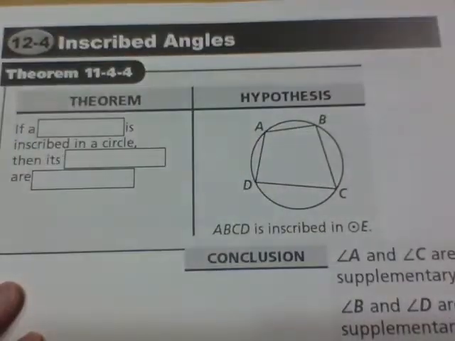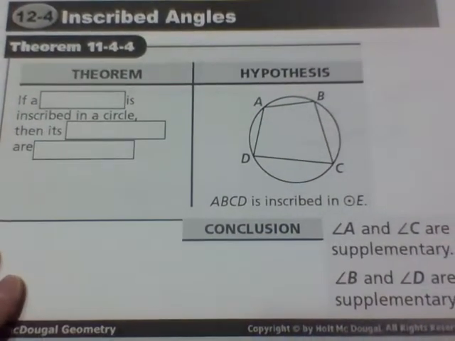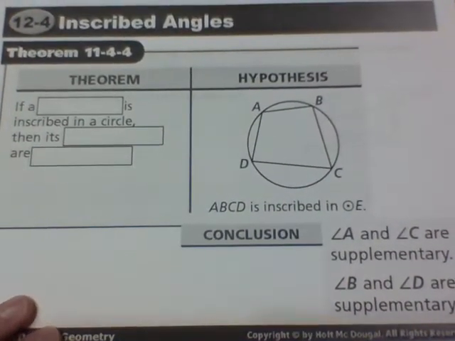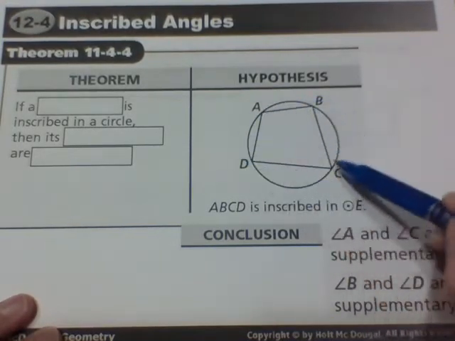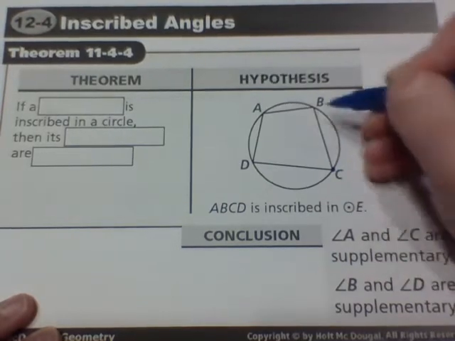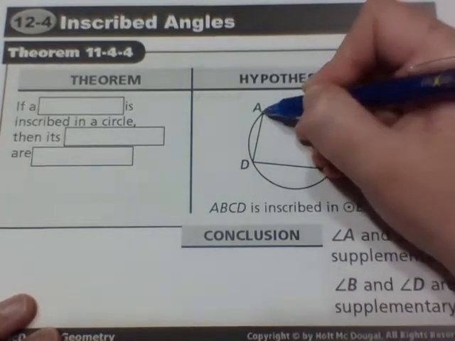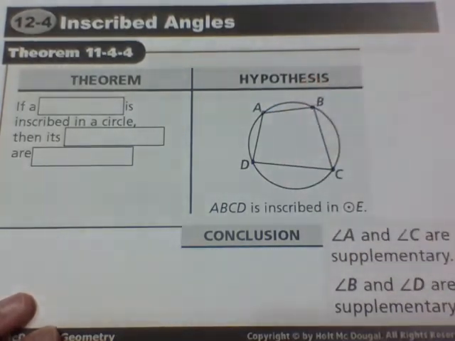All right, moving on. Our next inscribed angles theorem has to do with a four-sided shape inside or inscribed, which means exactly touching at these points only. A four-sided shape.